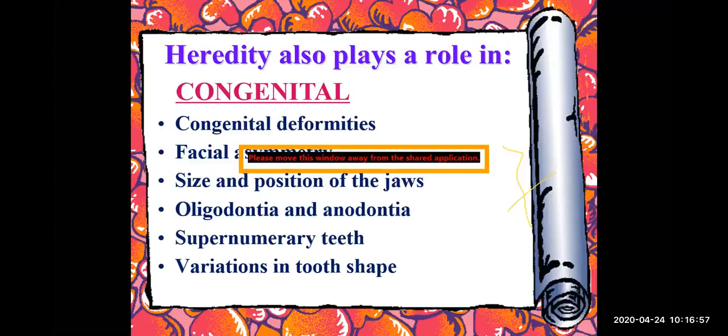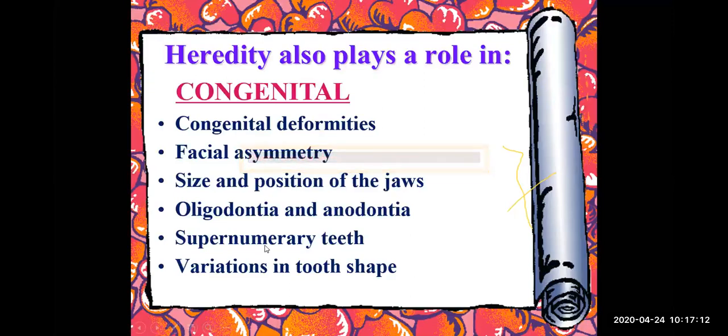The congenital deformities you see here, most of the congenital deformities, the facial asymmetry, size of position of the jaws, this will come under the local factors that we will discuss later. So the congenital defects, you have the cleft lip and palate.